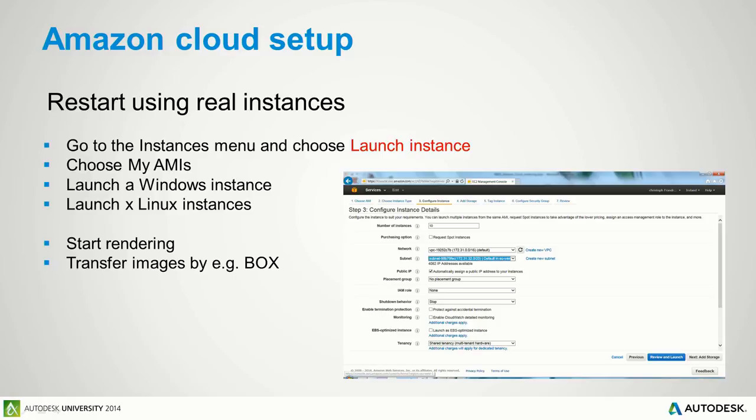The license server is running on a micro instance. So I set up everything and I let the micro instance keep running, and there was the license server running, so that the license server didn't change. And then I knew the IP of the license server and simply put that into my image descriptions.